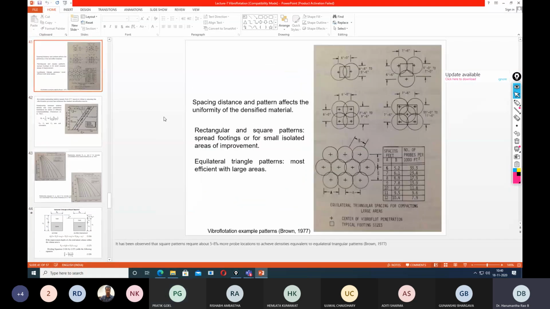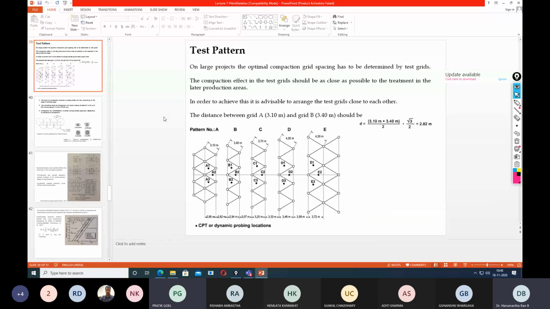See, theoretically we have proposed some particular pattern, say triangular or rectangle, but we do not have any idea whether the same pattern and spacing works in the field or not.